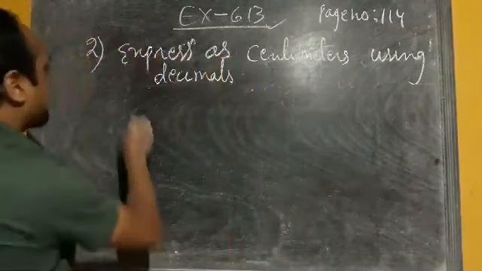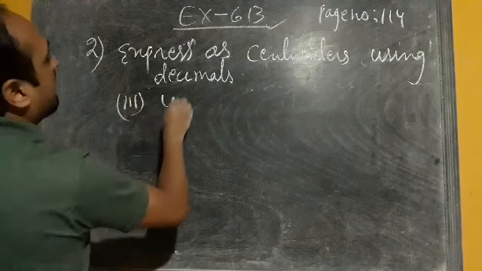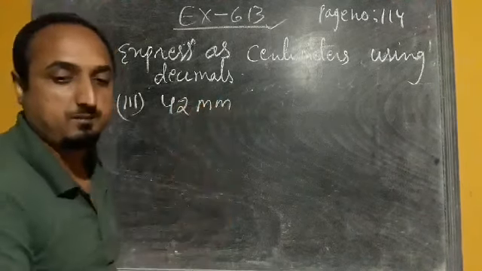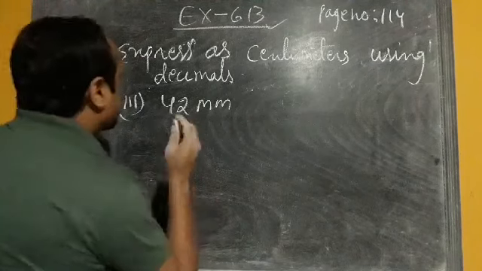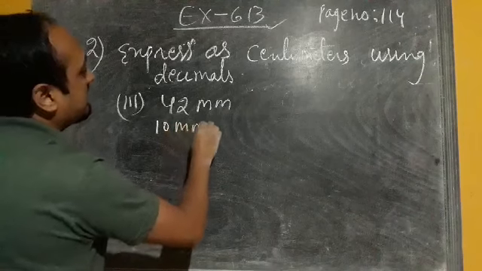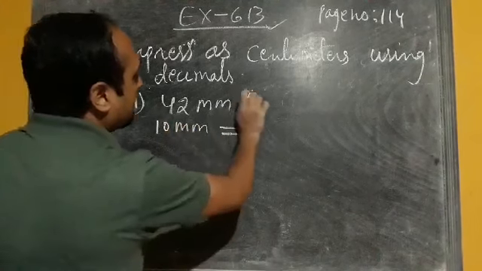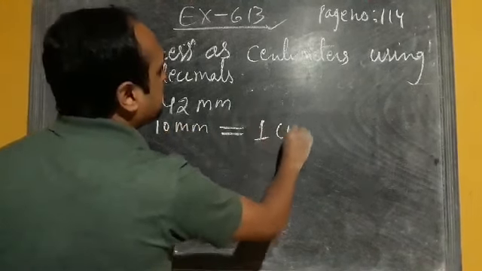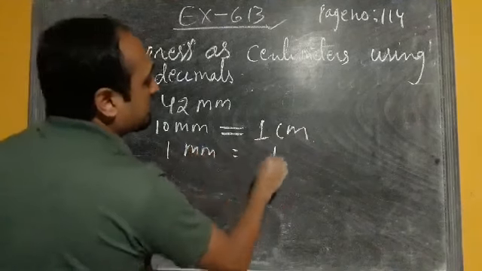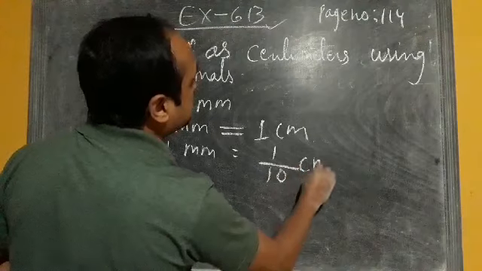So next question we have question number 3, 42 millimeter. Okay, 42 millimeter. Now again the concept is same. So 10 millimeter equals 1 centimeter. So 1 millimeter equals 1 by 10 centimeter.